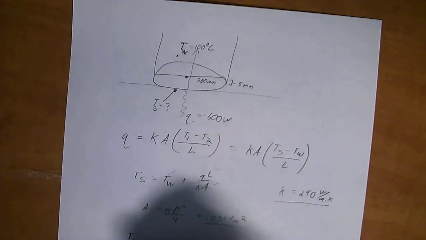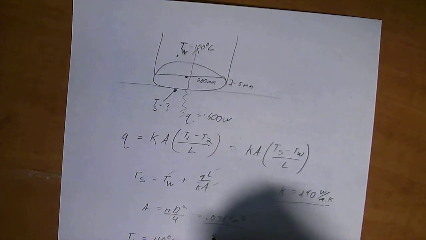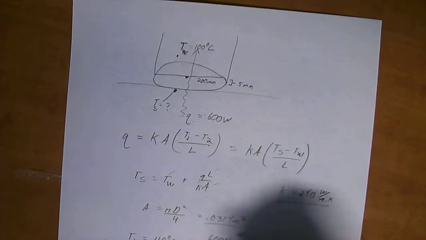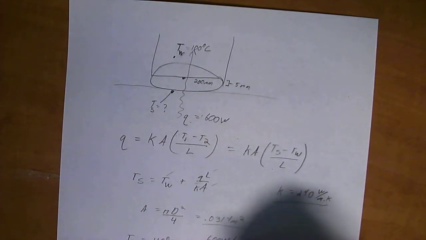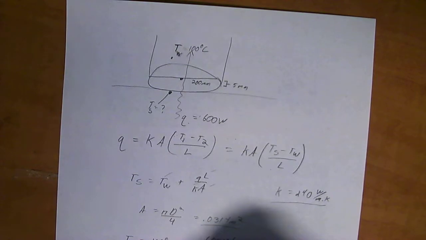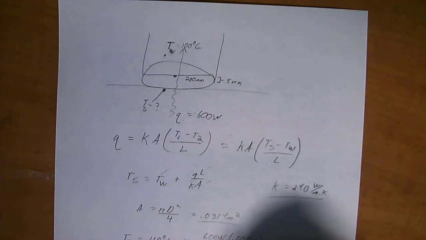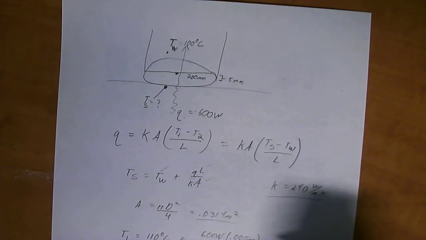And then, so T1 is going to equal 110 degrees C plus 600 watts, which is Q, times 0.005 meters, which is the thickness, or L, all over 240 watts per meter Kelvin, times the area that we're moving through, so 0.0314 meters squared.